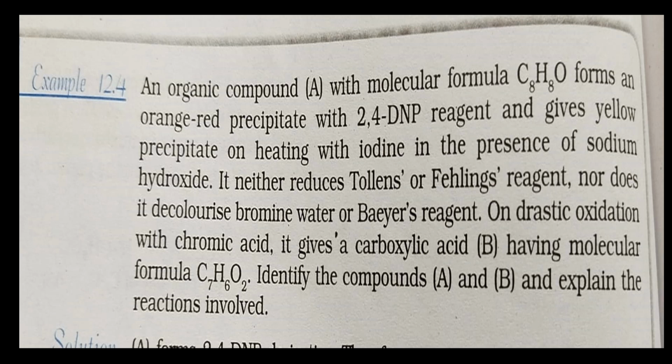It neither reduces Tollens' reagent or Fehling's reagent nor does it decolorize bromine water or Baeyer's reagent. On drastic oxidation with chromic acid, it gives a carboxylic acid B having molecular formula C7H6O2. Identify the compounds A and B and explain the reactions involved.